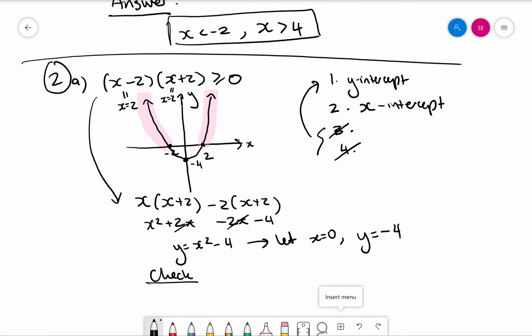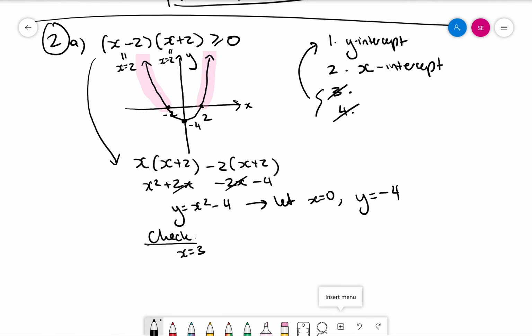Alright, so let's check. Let's take x is equal to 3. So we'll get y is equal to 3 squared minus 4, just from using this equation here, which is equal to 9 minus 4, which is equal to 5. And that's clearly greater than or equal to 0. So we're on the right track. And now we just need to write our answer.